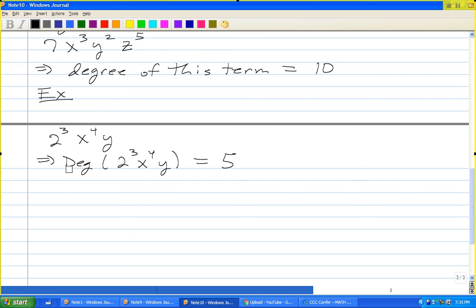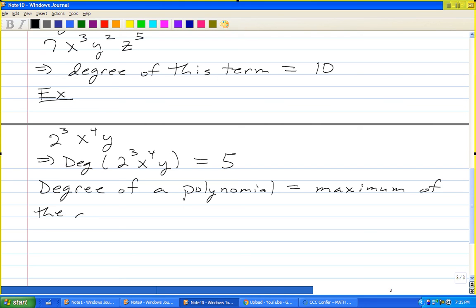So the degree of a polynomial is equal to the maximum of the degrees of the terms in the polynomial.